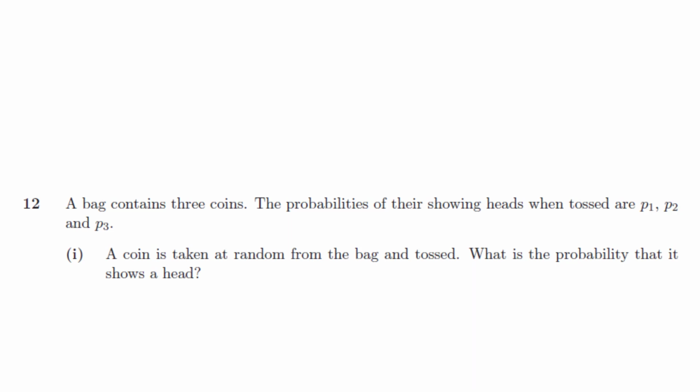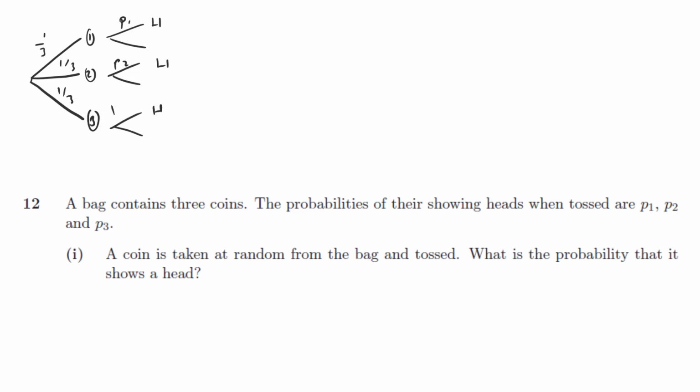Now you might just be able to write down the answer here, but if not, we would want to do something like drawing a tree diagram. There's an equal chance of each of coin 1, coin 2 and coin 3 being chosen, and then the probability of getting a head for the first one would be p1, for the second p2, and for the third p3.